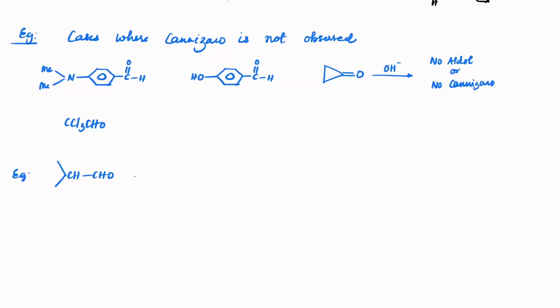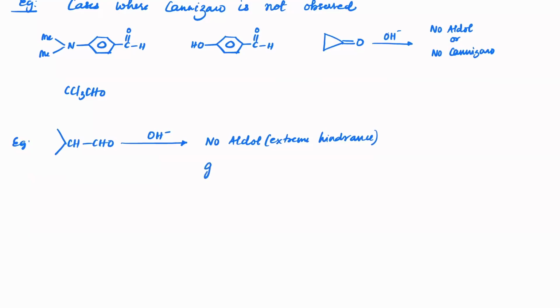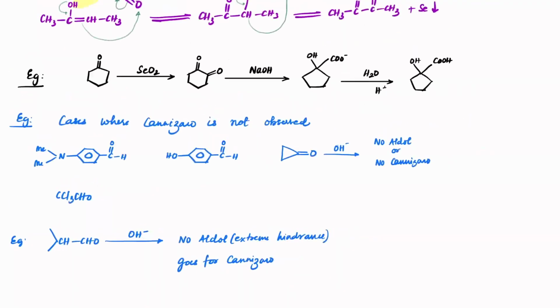Next example, if you treat it with OH minus, there is no aldol because of extreme crowding, extreme hindrance, but it goes for the Cannizzaro reaction. Okay, guys. Right. This is all you need to know, everybody.